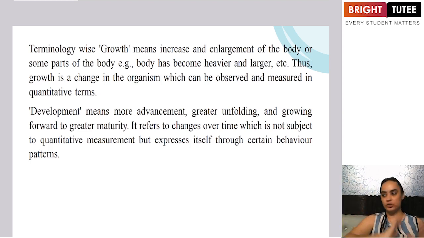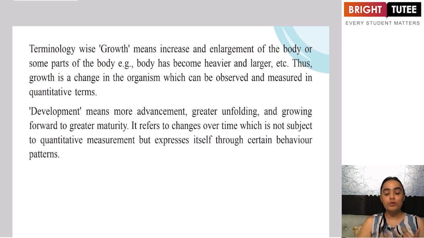By 24, the child has been to school, has been to college, maybe has completed graduation as well, has probably appeared for a lot of competitive exams, and now is smarter than he was at the age of 15. So what is this? This is the development which is taking place in the behavioral pattern of the child. So this is the major and the root difference between growth and development.